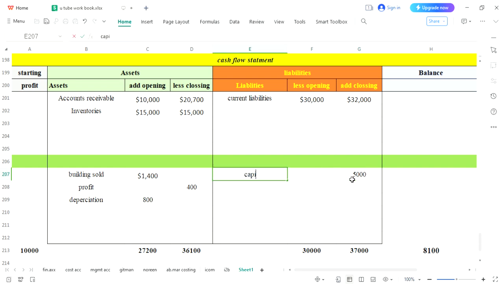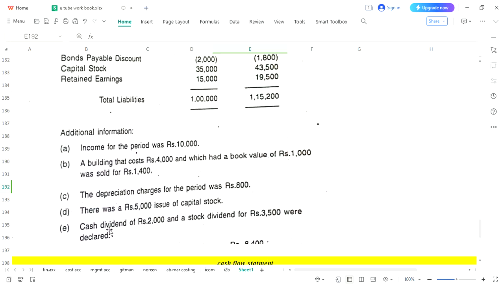This is your capital. After capital, we have last entry, cash dividend. Stock dividend, stock means shares. Shares are just paper. It does not mean we have received any cash. Cash dividend is basically the cash, and this has been paid. Dividend means amount of profit which has been distributed. It is paid.